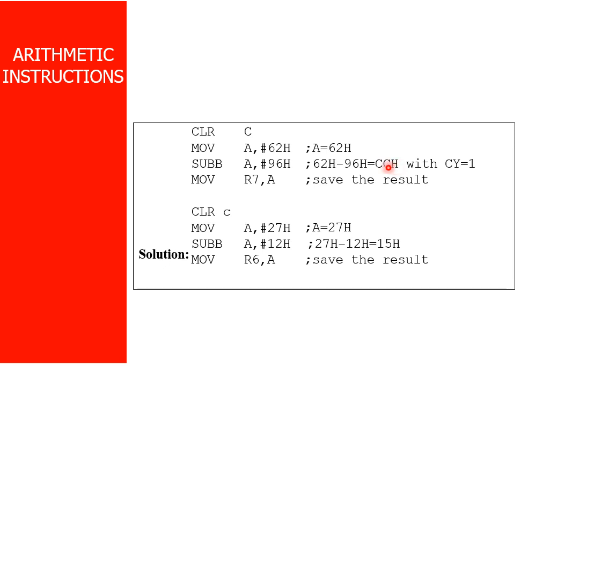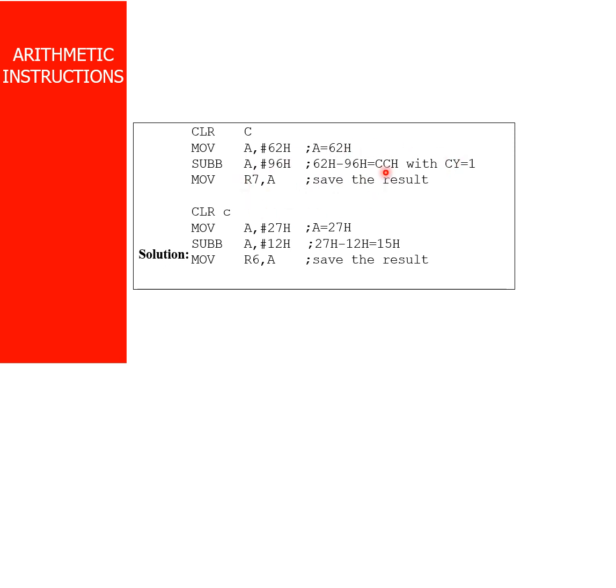The result will finally be shown in the accumulator in 2's complement form. Carry flag will be 1. So R7 will be CCH.